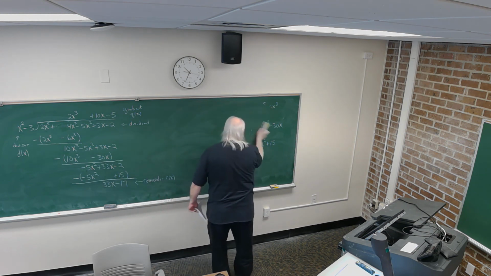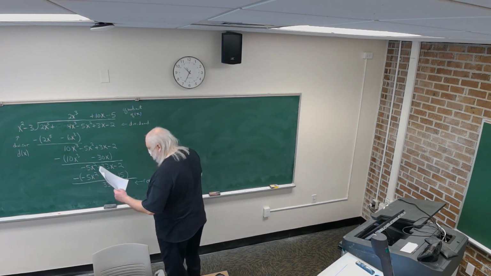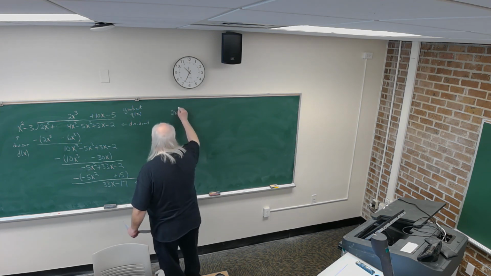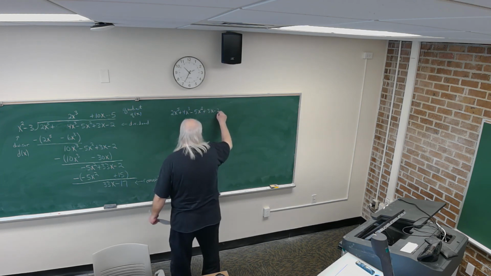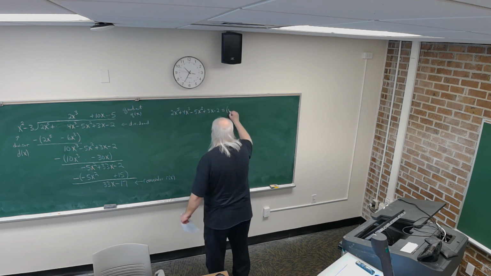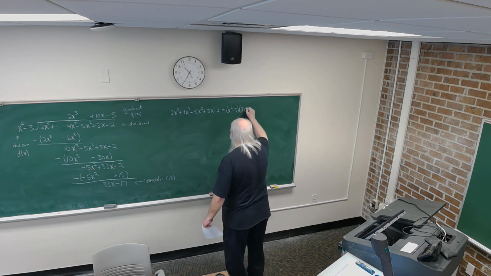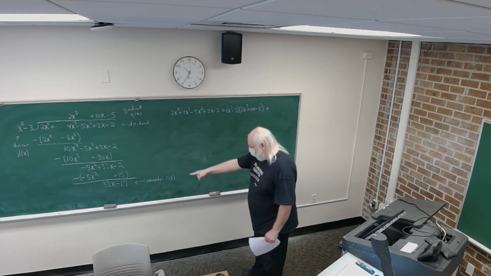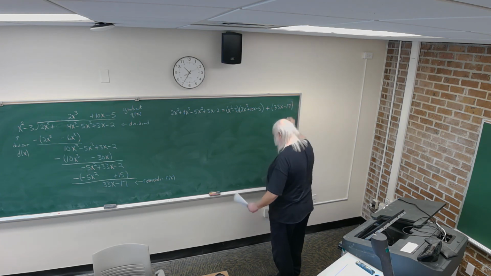So we have just shown that our 5th degree polynomial, 2x to the 5th plus 4x cubed minus 5x squared plus 3x minus 2 is equal to the divisor, x squared minus 3, times the quotient, 2x cubed plus 10x minus 5, plus the remainder, 33x minus 17.